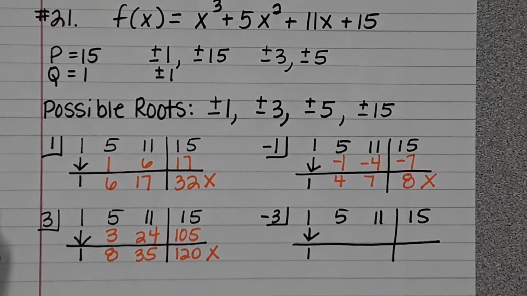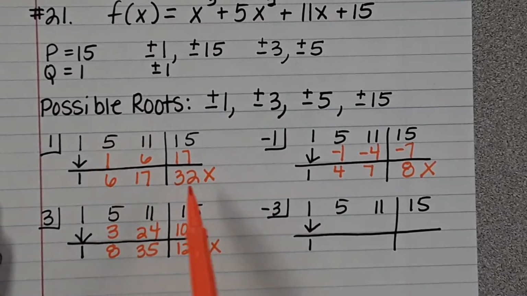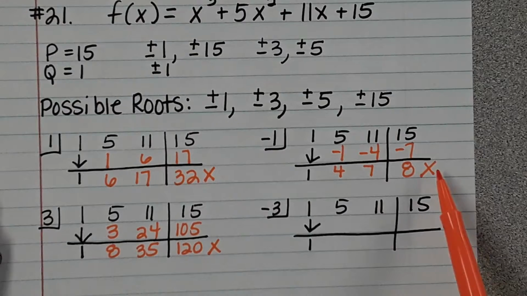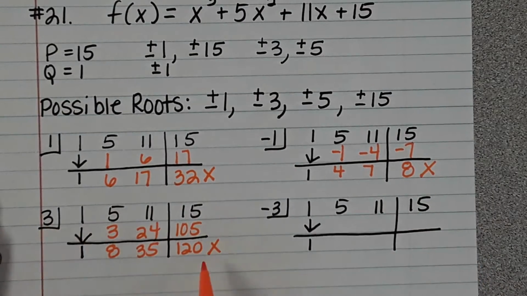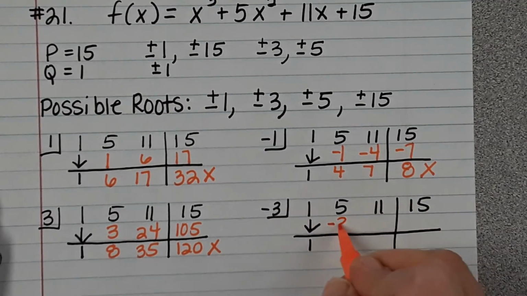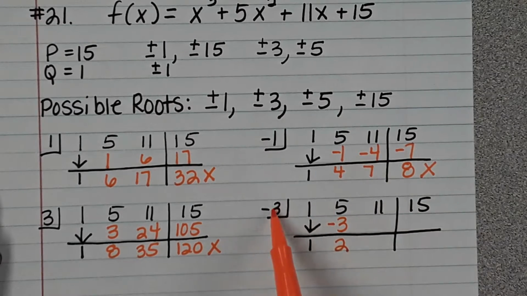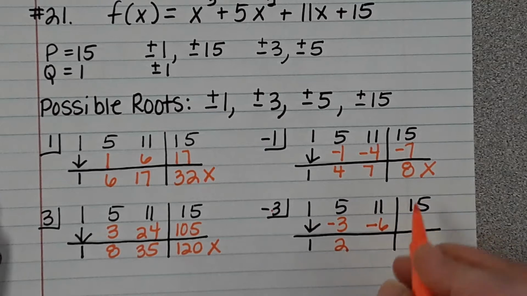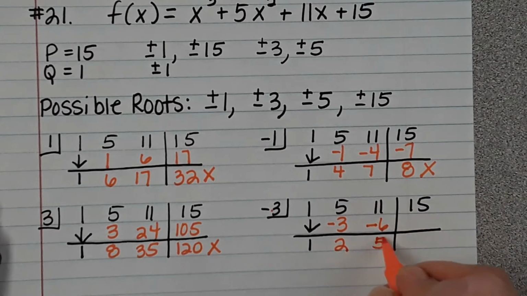Okay. So I tested 1, I got 32, didn't work. I tested negative 1, I got 8, not a root. I tested 3, got 120, not a root. I'm testing negative 3 now. Negative 3 times 1 is negative 3. 5 plus negative 3 is 2. Negative 3 times 2 is negative 6. 11 plus negative 6 is 5.